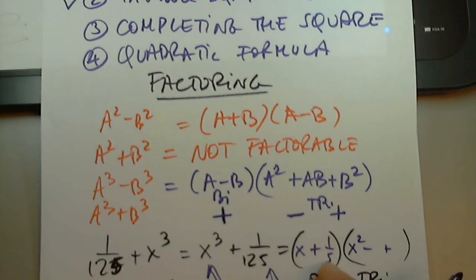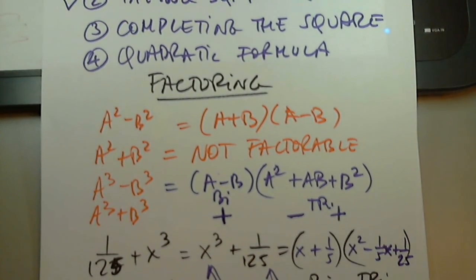Please multiply these two. 1/5 x. And plus, please square the second term. 1 over 25. Very good. Well done.